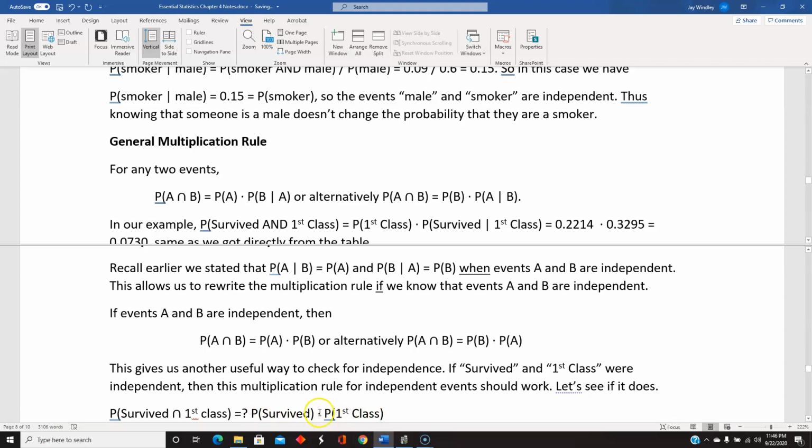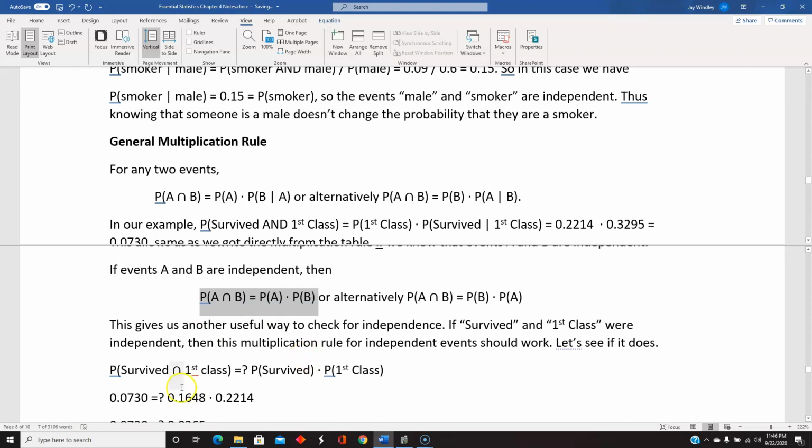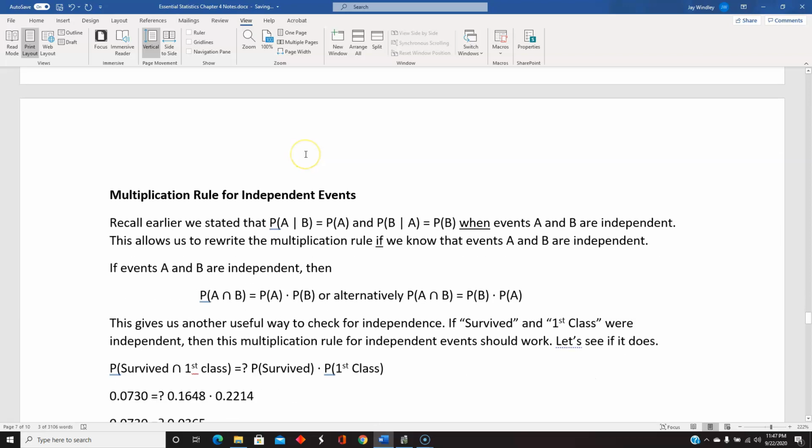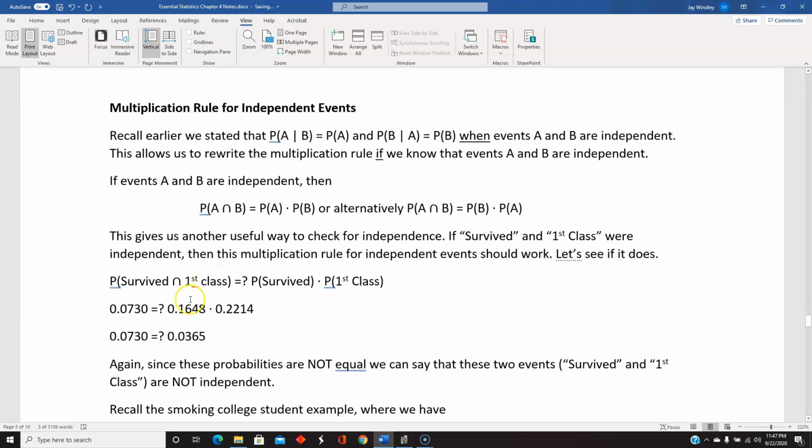If this multiplication works, then they're independent. We know this joint probability from before, that's 0.07. The probability of survived we found before, that's 0.16. The probability that someone is in first class we found before, that's 0.22. If we multiply those two together, we get 0.03, which is nowhere near 0.07.